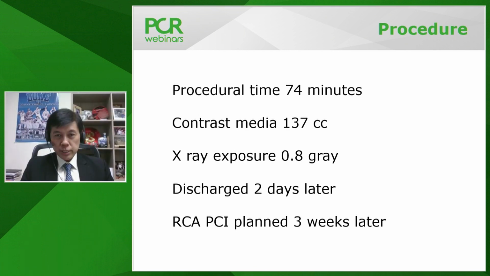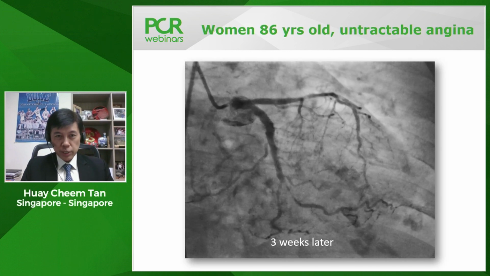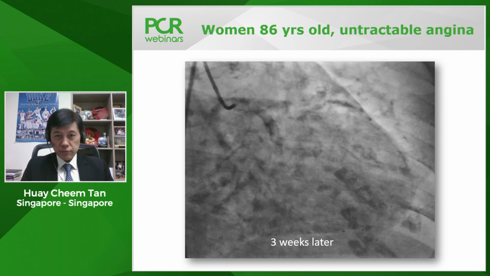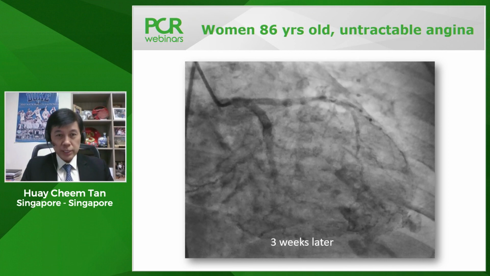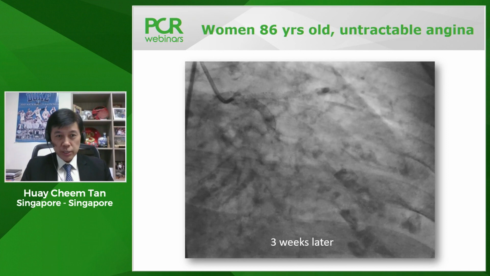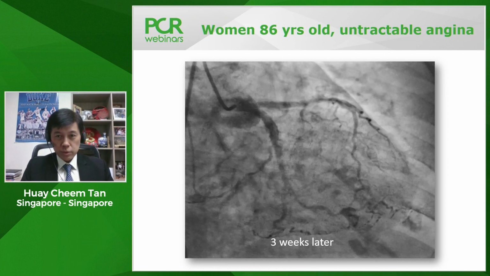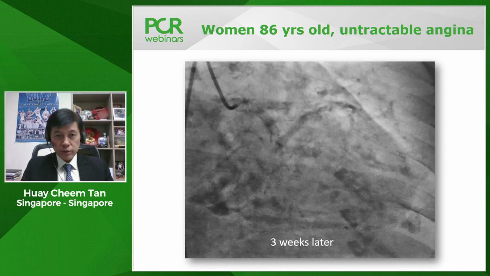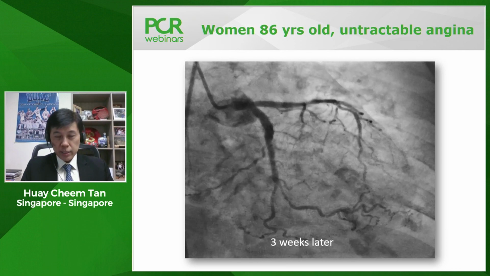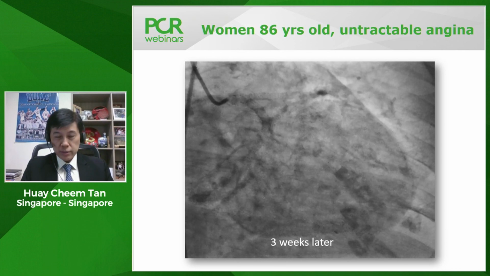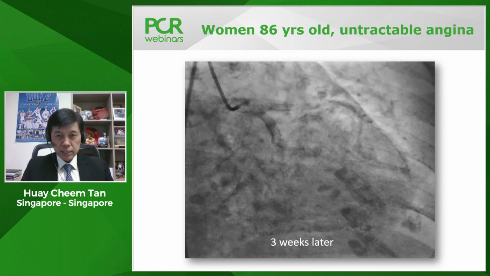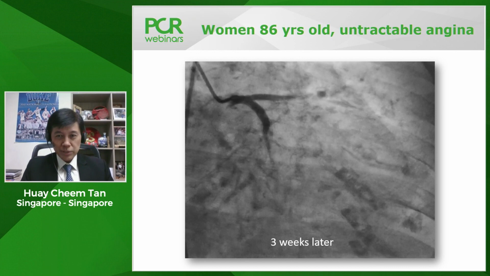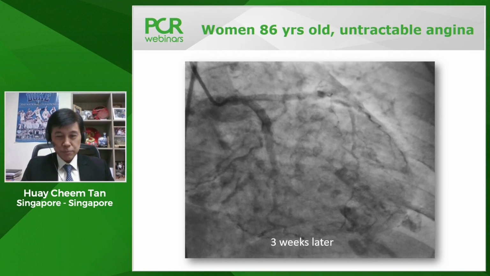So my strategy here will be to do a pre-dilatation first and then put in an IVUS to see what's going on here. Certainly, if it's a very calcified lesion, I agree that rota will be very high risk. Plus, already I have pre-dilated the lesion. It will not be a good thing to rotablate after that. So shockwave lithotripsy will be my choice of device in terms of preparing this calcified lesion. So I will keep it on standby, but certainly I really would like to have some image guidance here.